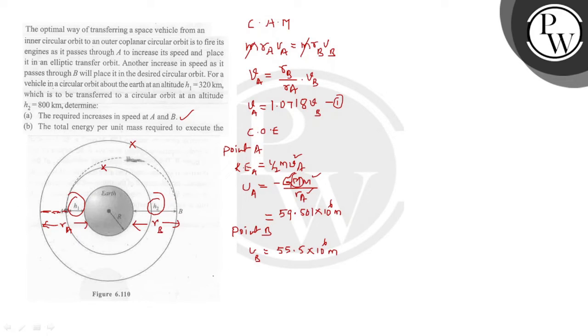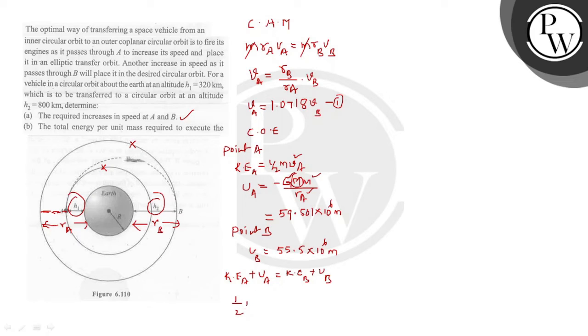Then both sides, energies are equal. So kinetic energy at A plus potential energy at A equals kinetic energy at B plus potential energy at B. Kinetic energy we don't have, half m.